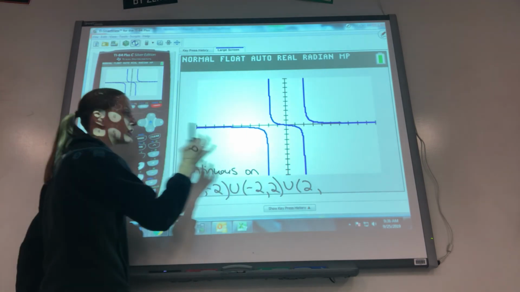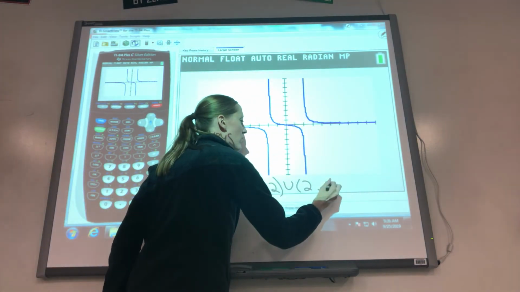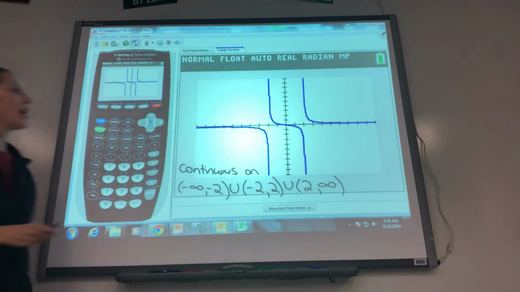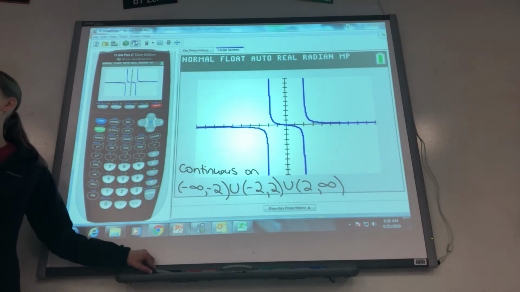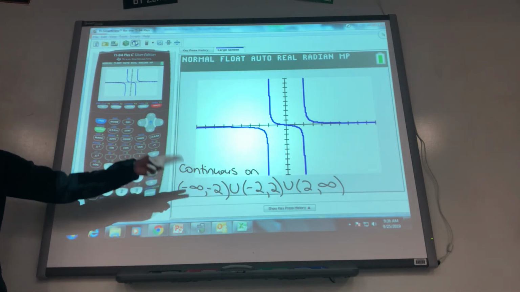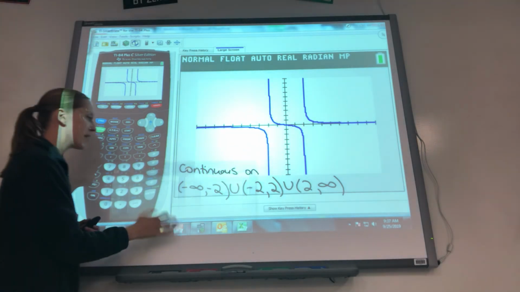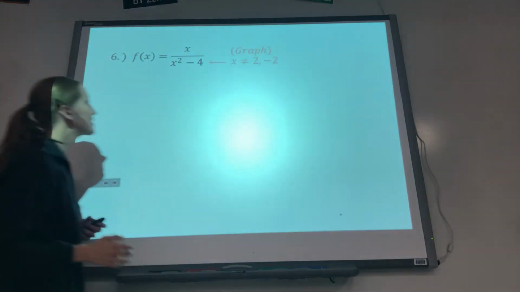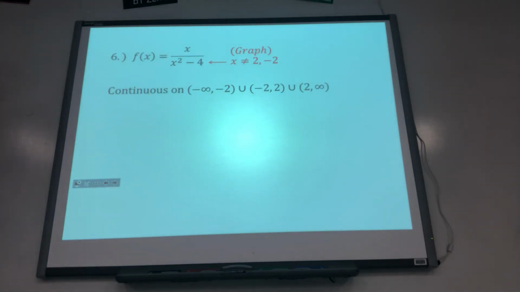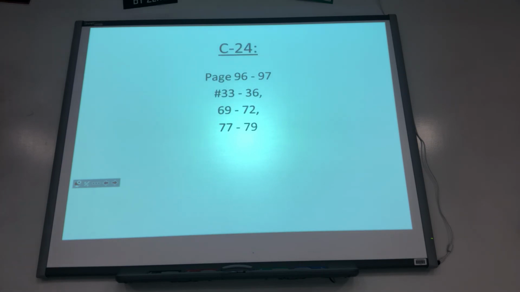It's just really close to it. And it will go all the way to infinity. So we've got a long answer right there on number 6. But again, anytime you have to use an interval, the best way to do it is graph. You know what to look for ahead of time, but calculators make that a little bit easier. Any questions about those?